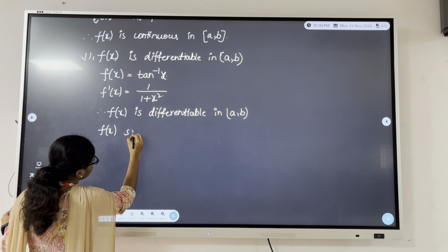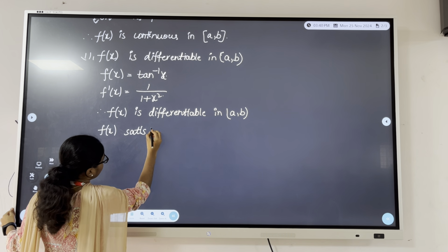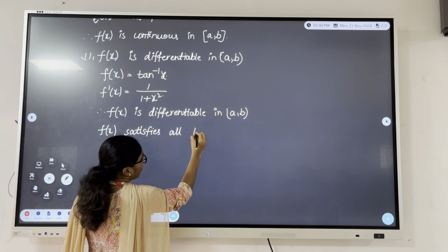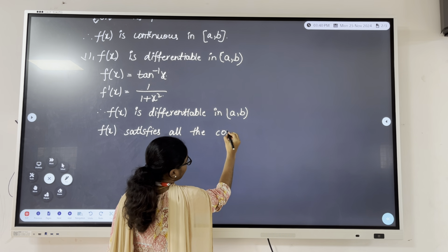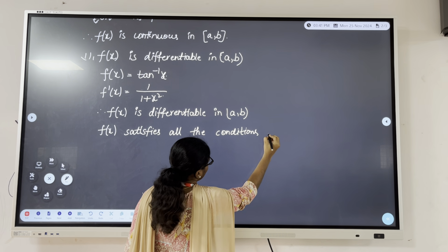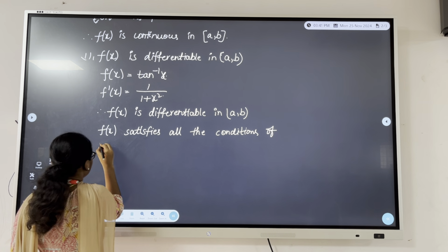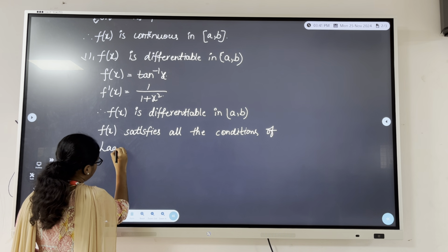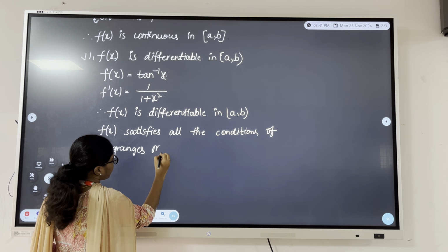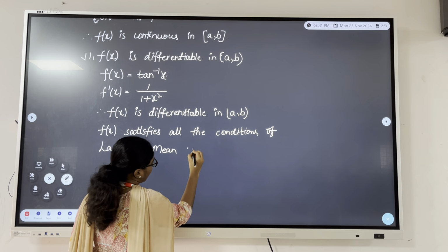f of x satisfies all the conditions of Lagrange's mean value theorem.